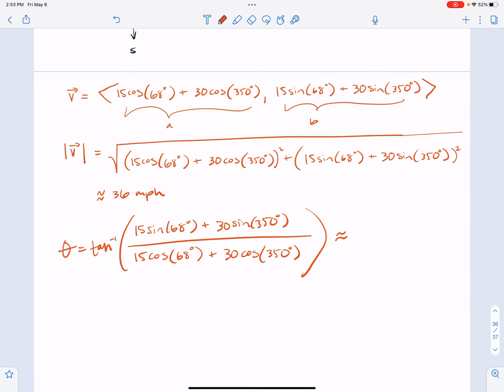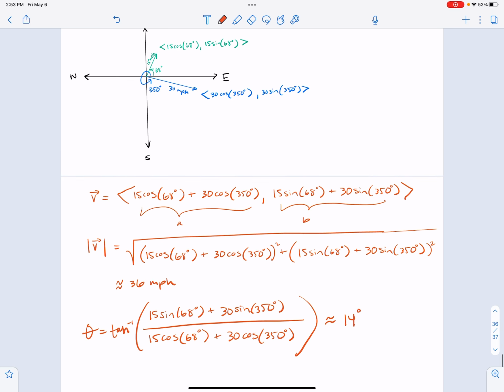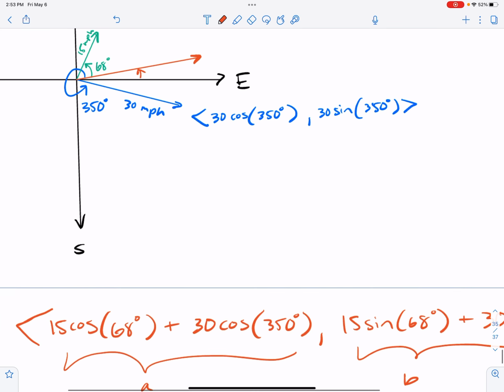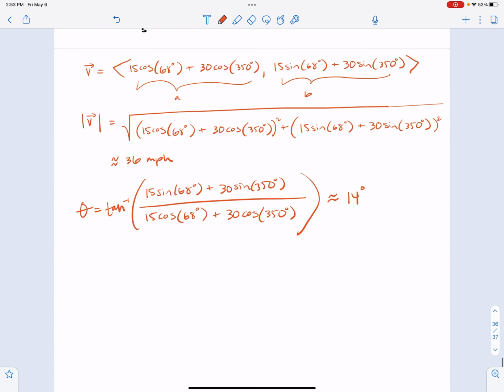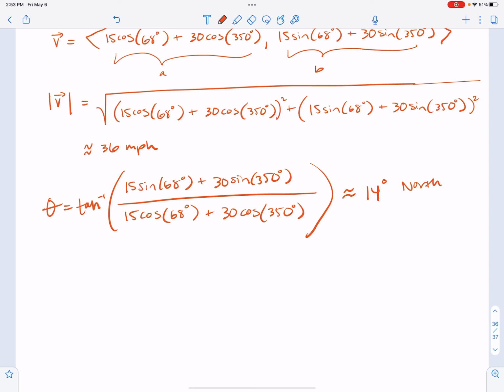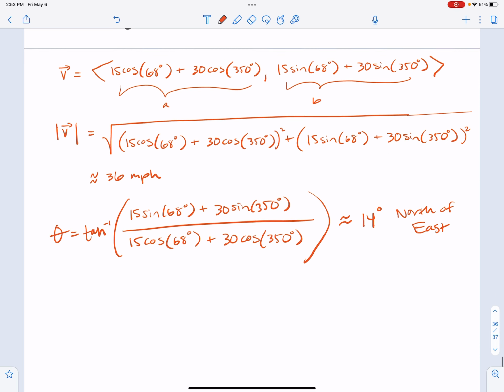Okay, and that ends up being approximately 14 degrees. So that would make sense for the picture. So this ends up being approximately 14 degrees. You could say north of east. The magnitude of 36 miles per hour.